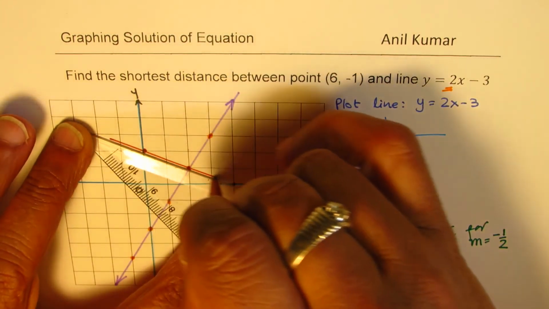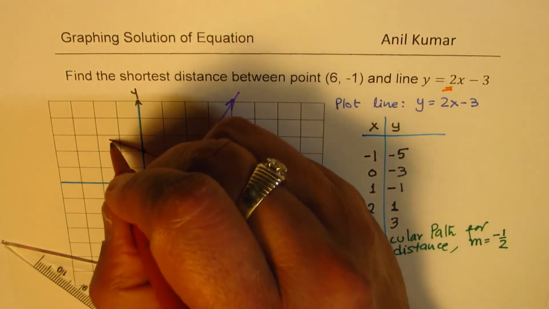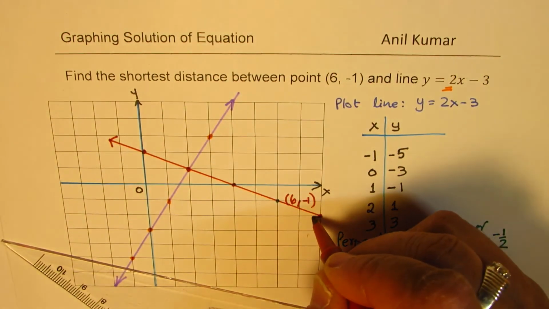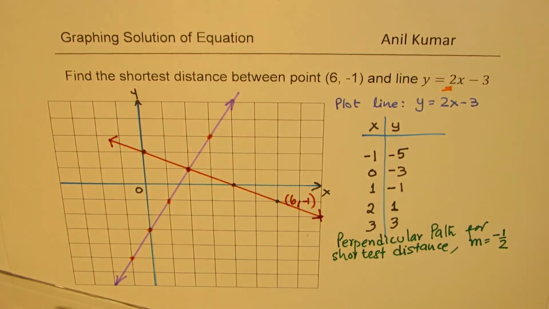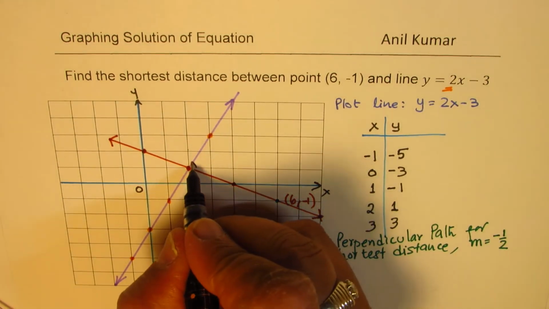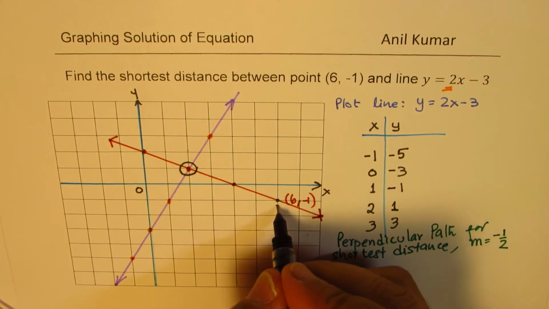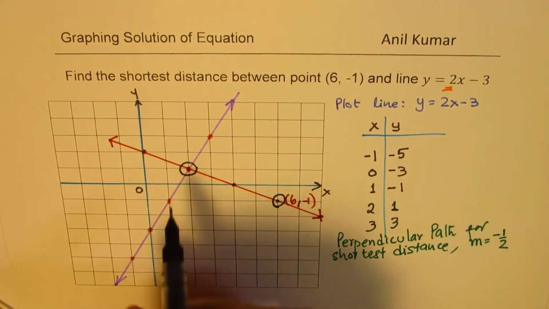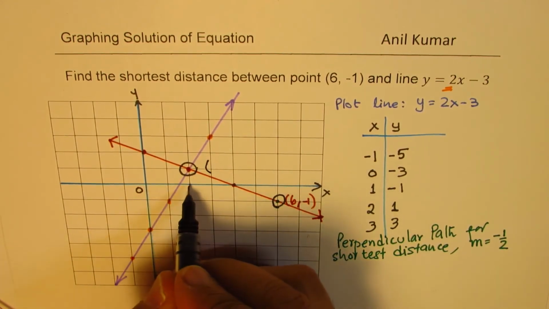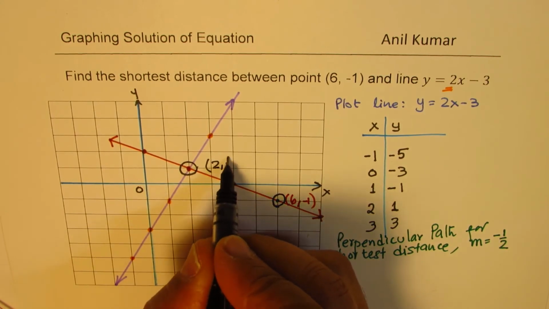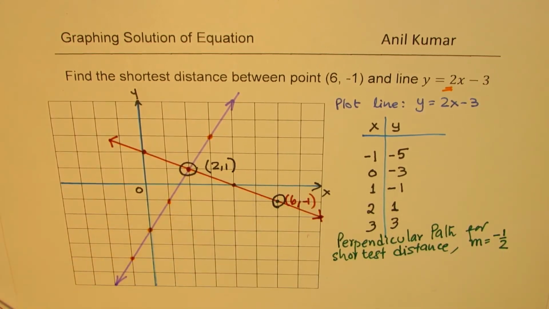Does that make sense to you, right? Since this is the point of intersection, we know this point is closest to the given point. The point here is (2, 1). Since we know these 2 points, we can find the shortest distance, correct?